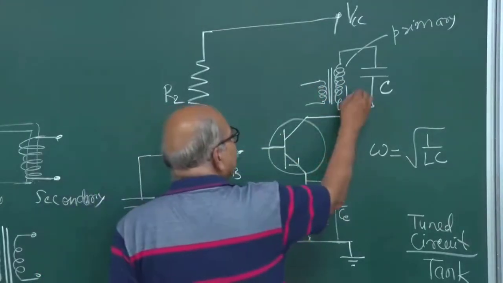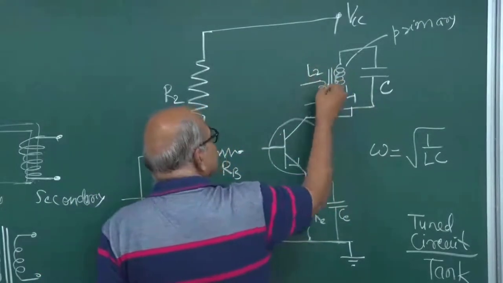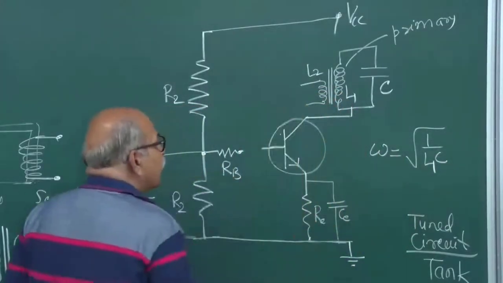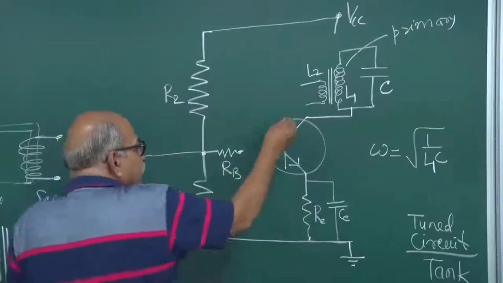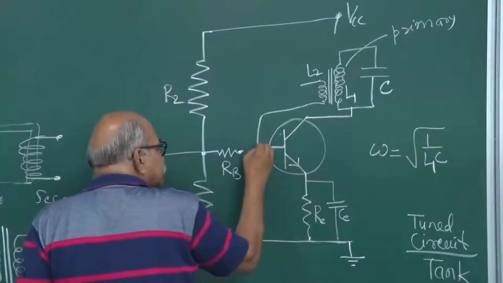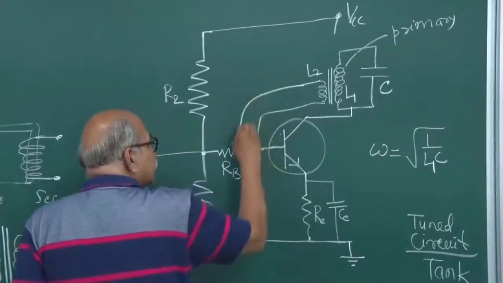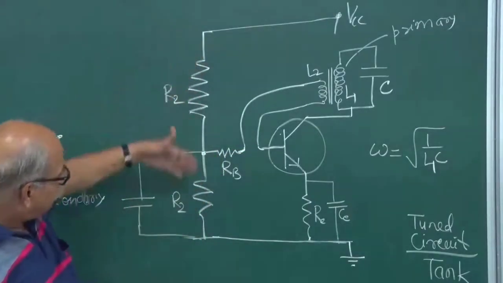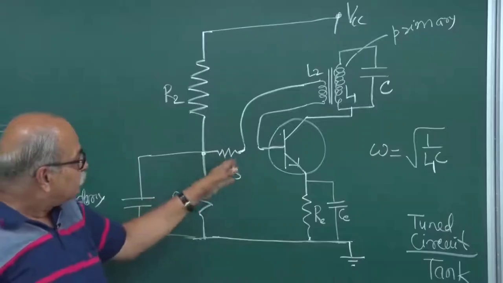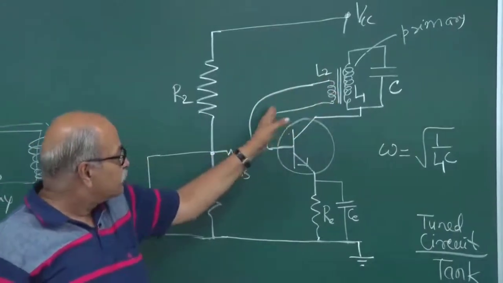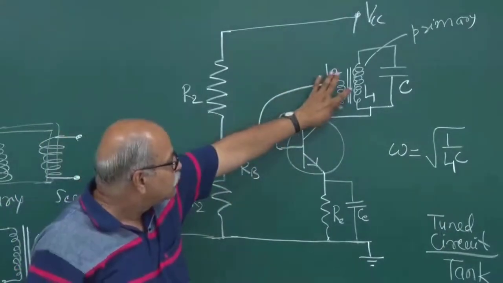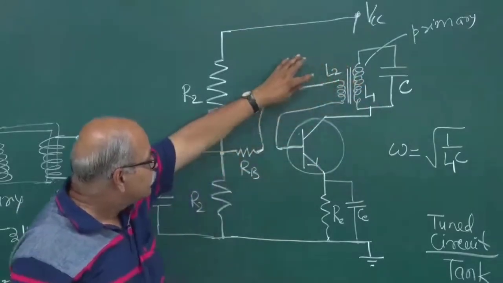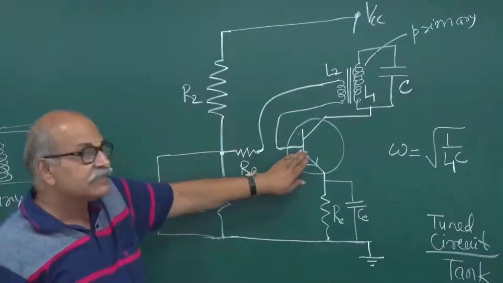If you call this L1, this is L2, so it is coupled to this secondary, and this we are bringing back here. So whatever was going through this biasing to the base, in the path we have connected this. So part of this output which is generated, this amplified thing, is taken into this base circuit.